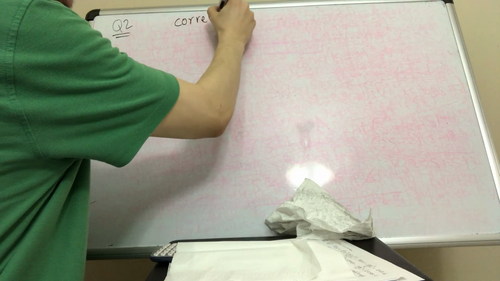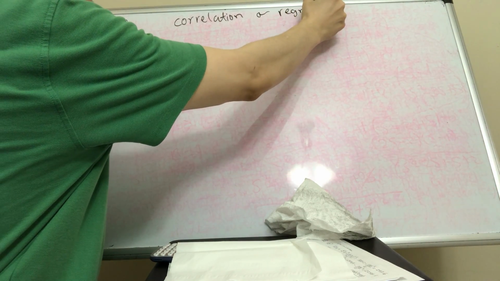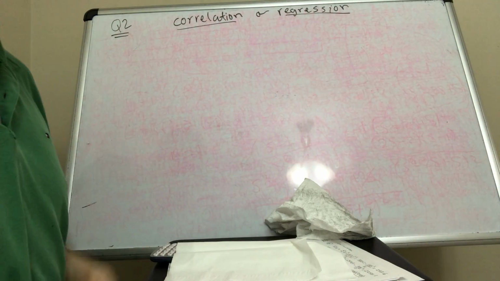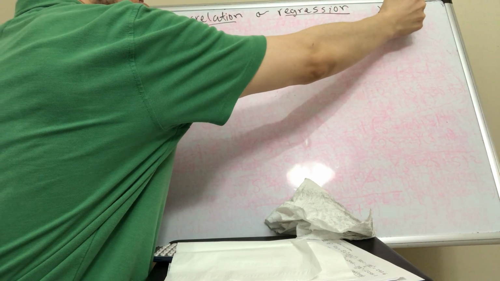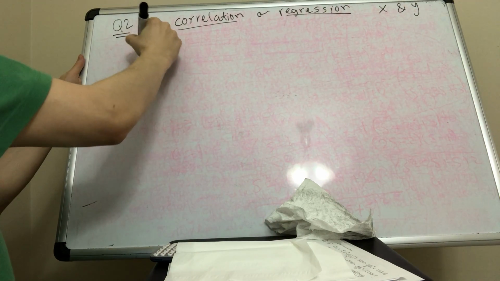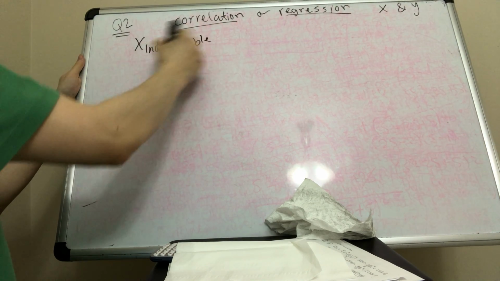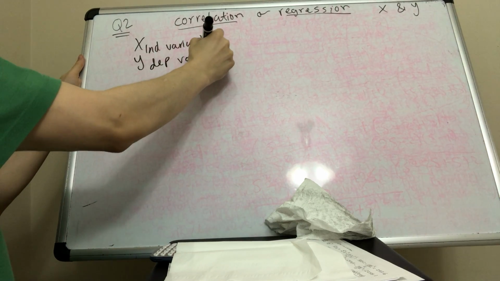Okay, anytime you see a question with the word correlation or regression, that means that it's a regression analysis. And in the regression analysis, there is X, there is Y. X is always the independent variable, and Y is always the dependent variable.